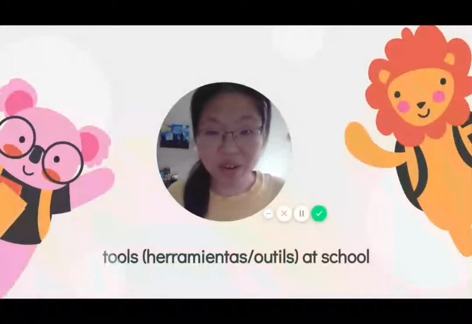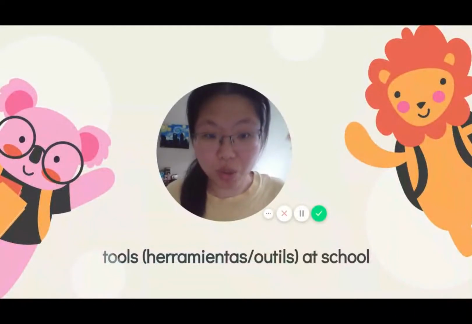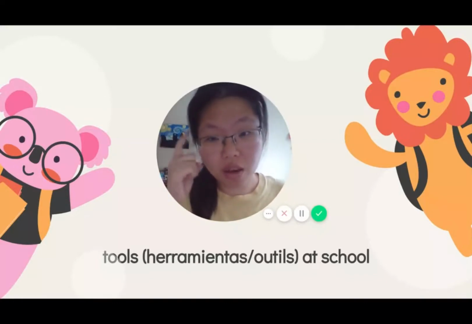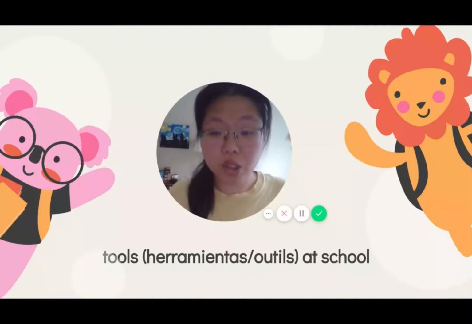Did you enjoy reading about different tools? Now, we're going to talk about different tools that we use at school. Before we start talking about those tools, though, we have to think about what are some things that we do at school, because tools help us do different activities.